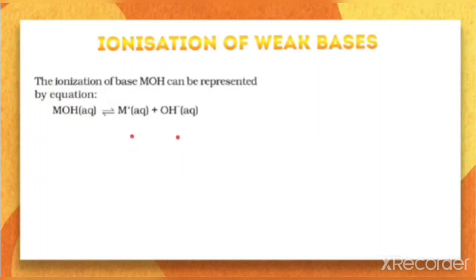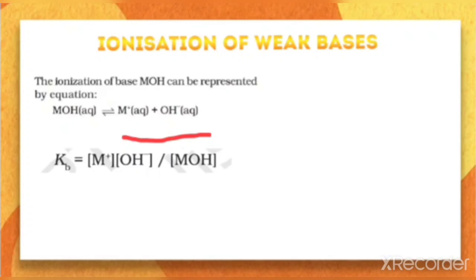So what will be the value of the equilibrium constant? Kb is equal to M plus OH negative by MOH, that is, concentration of products by concentration of reactant. So Kb is equal to [M+][OH-] divided by [MOH].